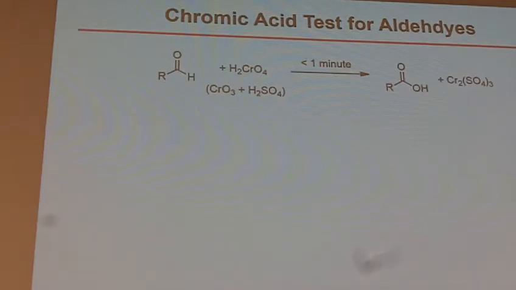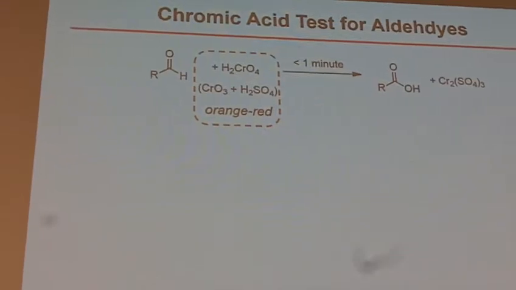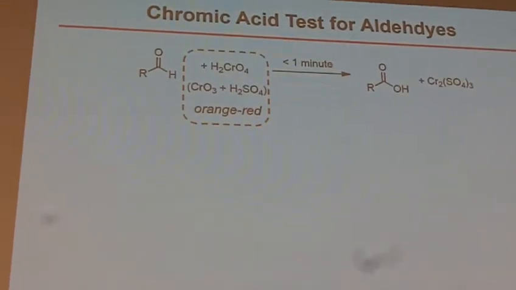The chromic acid test reacts with aldehydes in a minute or two, and this kind of reaction occurs: you go from your aldehyde to your carboxylic acid, and then you've got the chromium sulfate. The chromic acid is an orange-red color. It almost looks like bromine color, and it's a solution, okay?